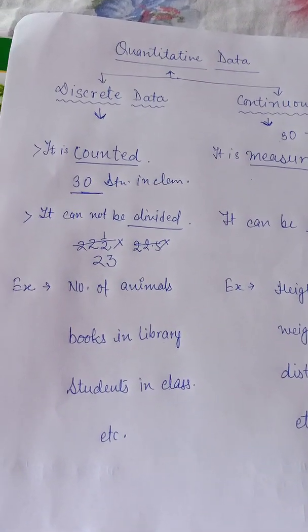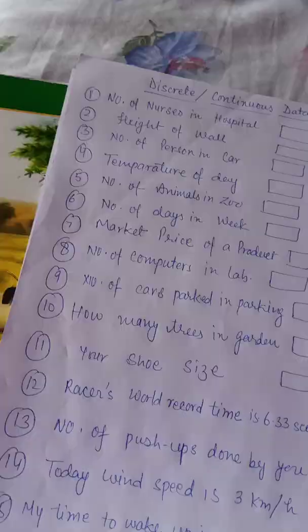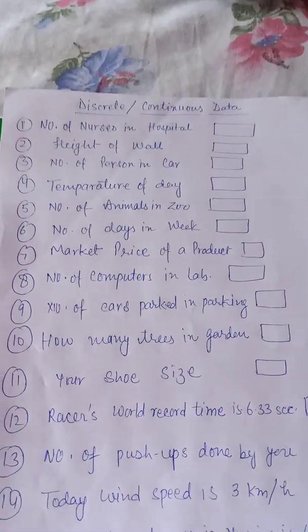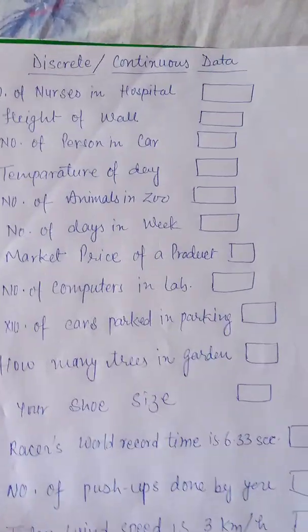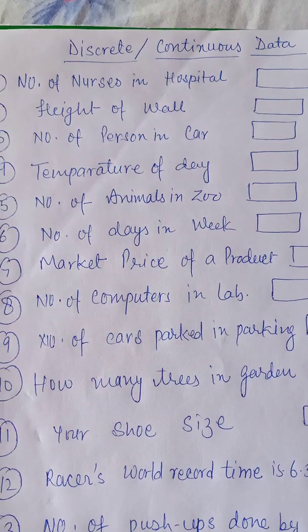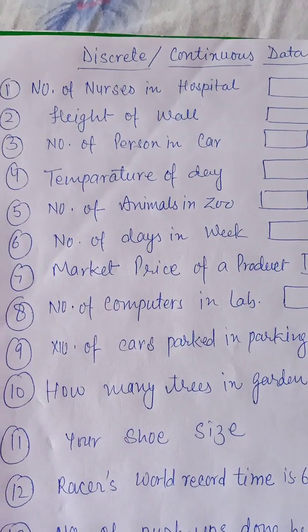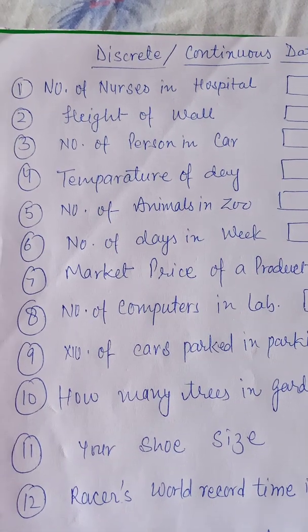Say I have some sets of questions, and by solving those we can do an exercise on which type of data can be categorized as discrete or continuous.